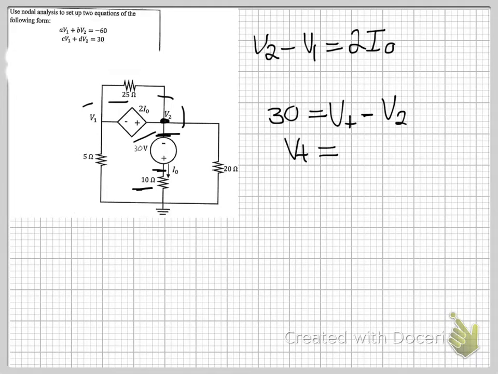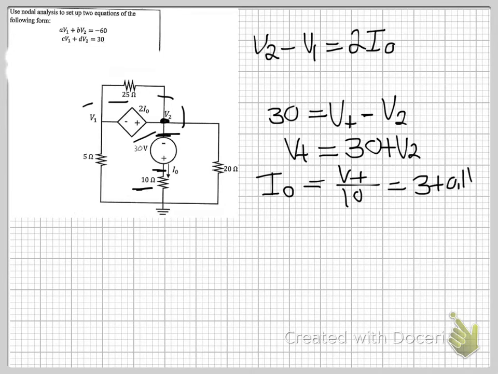So therefore, V plus is equal to 30 plus V2. So now we can calculate the current IO, which is equal to V plus over 10, which is 3 plus 0.1 V2.